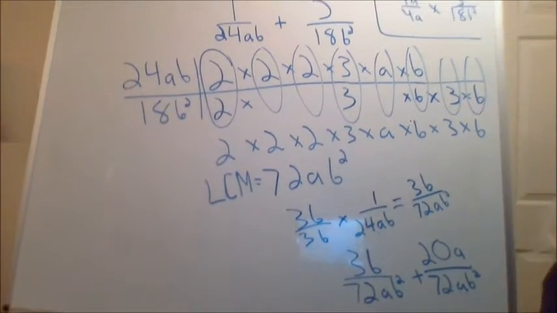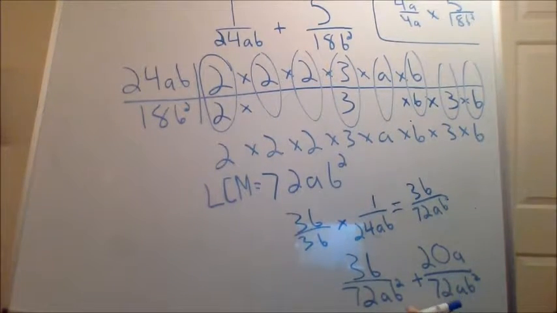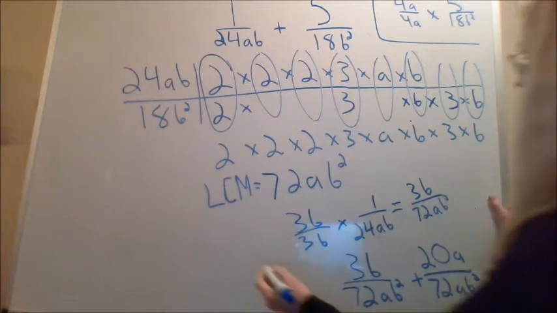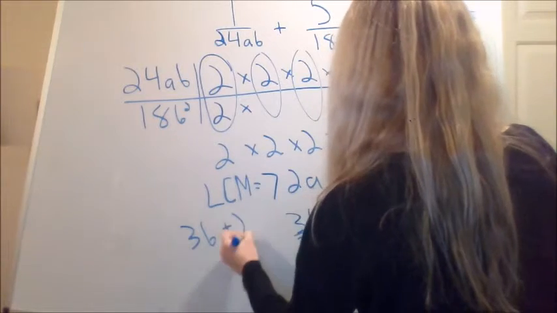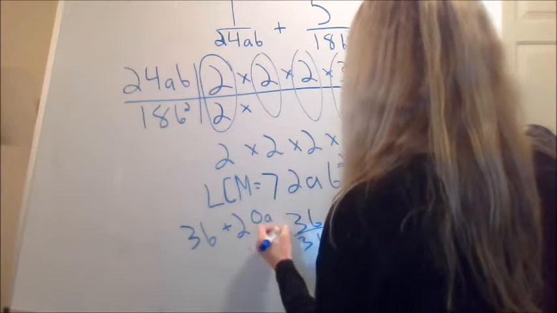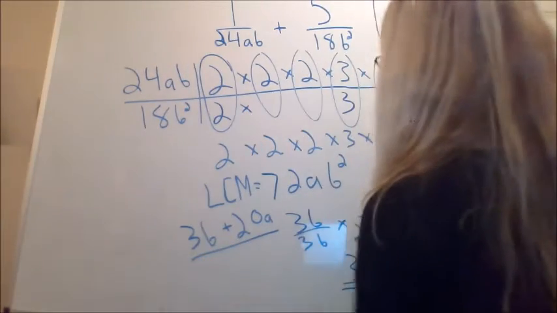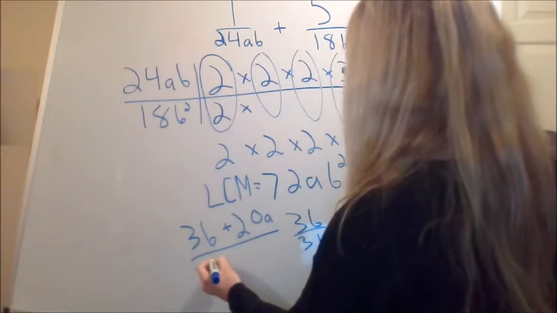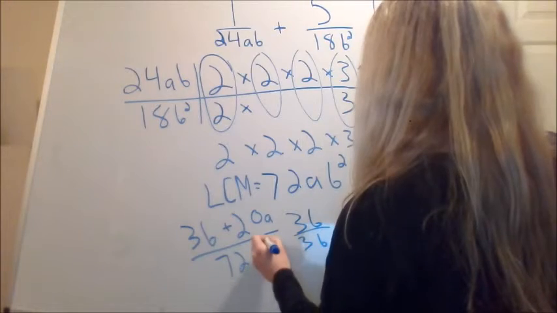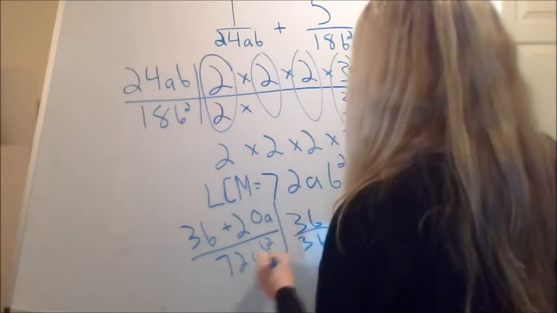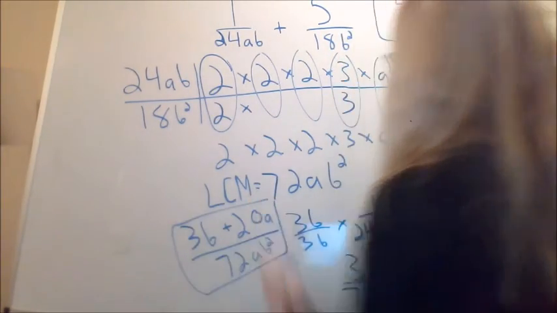And so now that we have the same denominator for both of these fractions, we can add it all together and we get 3b plus 20a divided by our LCM, 72ab squared. And that is our answer.